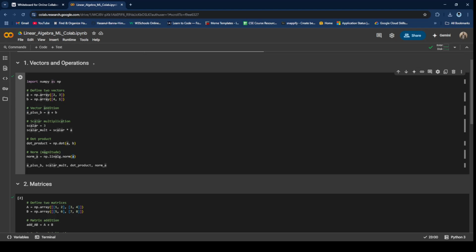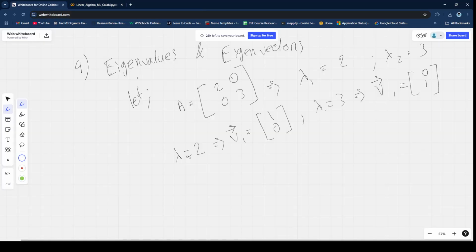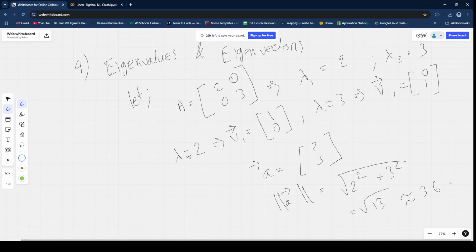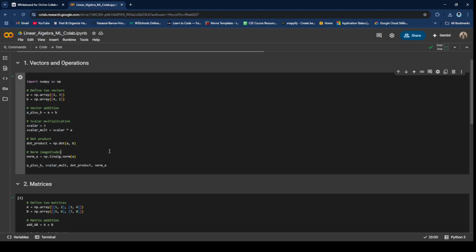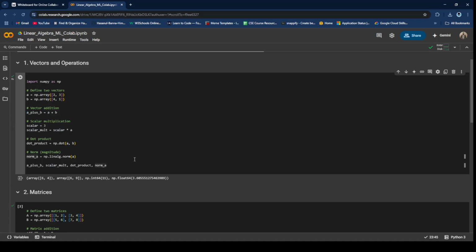Here we have A as 2 and 3, a vector. It uses 2 squared plus 3 squared, and finally the root of 13, and the value will be around 3.6 and some other digits. After that we return all the values. Here you can see 3.605 and so on.